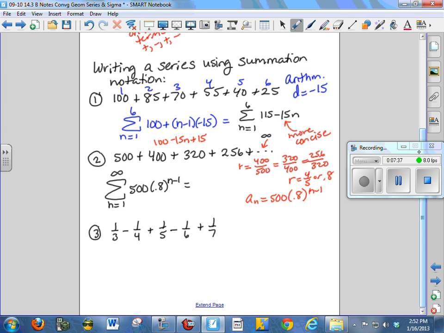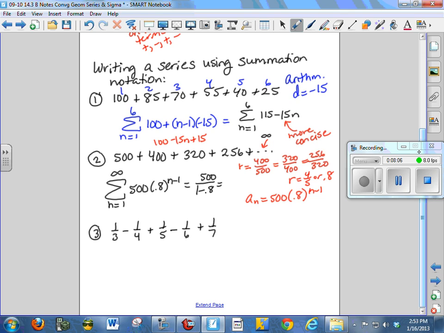Now, can we find a sum for this? Well, actually we can, because r is equal to 0.8. So since r is equal to 0.8, we know that this infinite sum is a sub 1, 500, over 1 minus 0.8, which turns out to be, I think I've got this written down, 2,500.